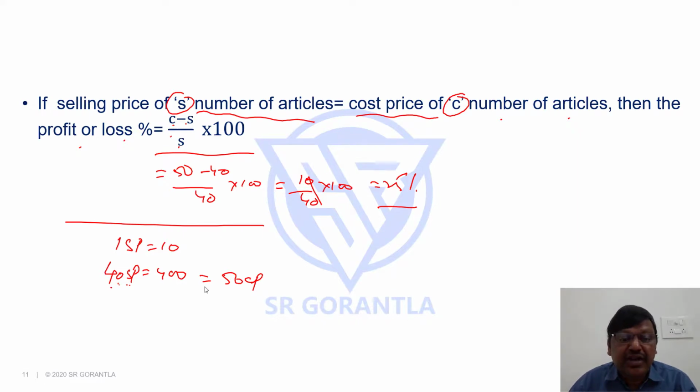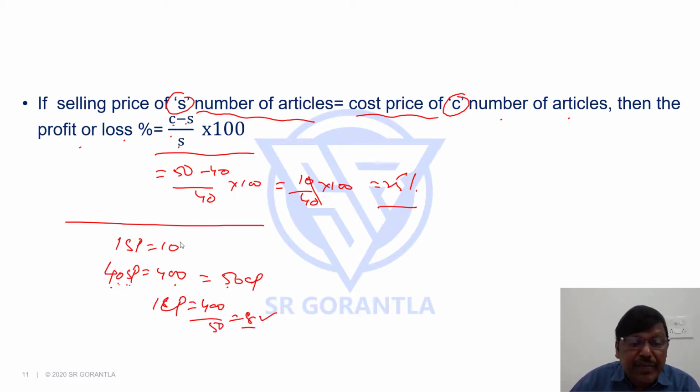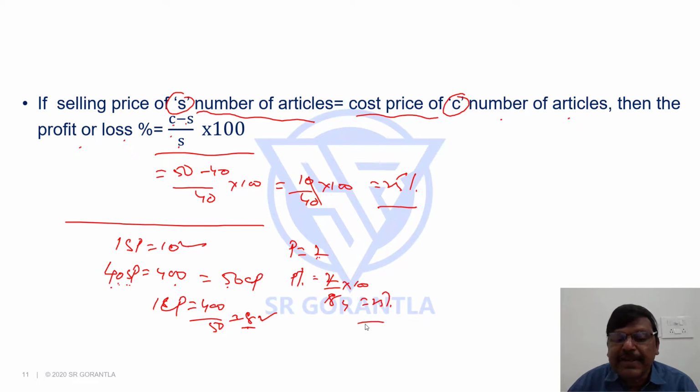The cost price of 50 articles is 400, so the cost price of one article will be 400 by 50, that is 8 rupees. When the selling price of one article is 10 rupees, its cost price is 8 rupees, so what is the profit? Come on please, 10 minus 8, it is 2. But what is the profit percent? Profit or loss is always on cost price. 2 on cost price of 8 into 100. 1 by 4, 25% I can say.